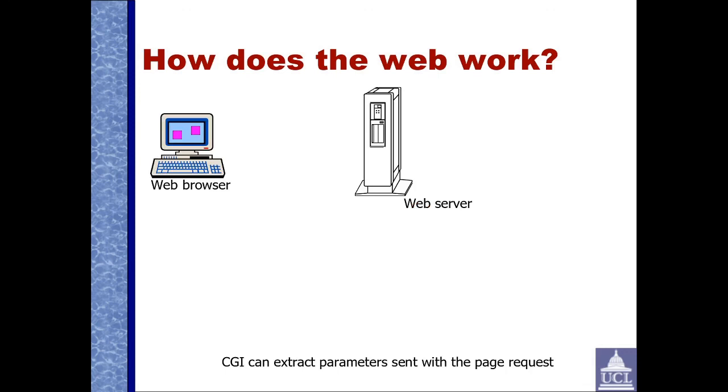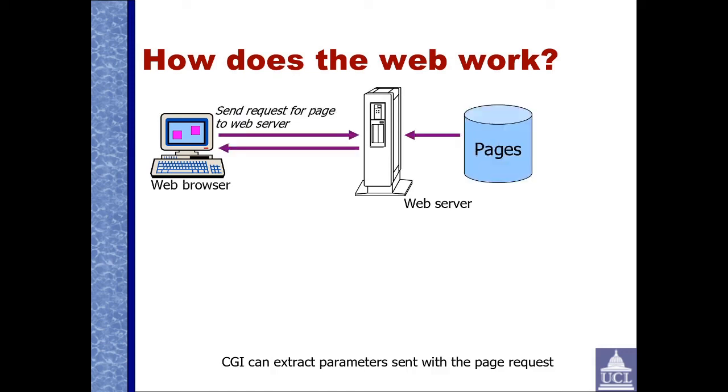So if we have our web browser talking to a web server and we send a request for a page, what we saw before with the static approach was that we have a set of pages stored on the web server and they get returned by the web server to the web browser.